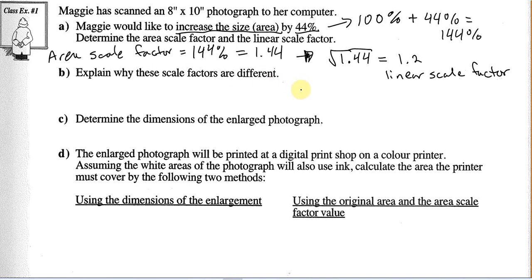So, again, remember that these are going to be different numbers. They're different numbers because you're looking at two different ways of enlarging. Your area scale factor is talking about a change in the areas, and your linear scale factor is talking about a change in the linear dimensions of your photograph or your drawing.